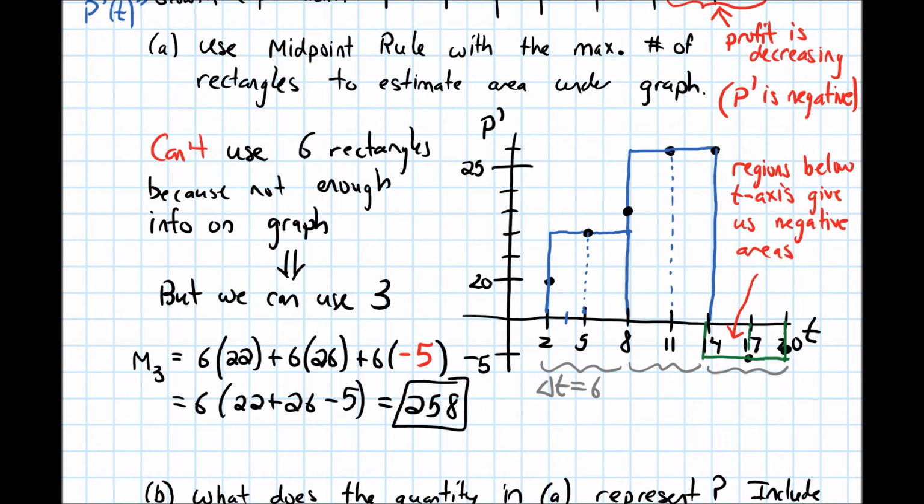They get counted as negative areas. And we'll make this idea more formal later when we define a definite integral. Regions below the x-axis, or in this case the t-axis, will get counted as negative areas, while regions above the t-axis, or the x-axis in general, will get counted as positive areas. Alright, so let's do one more part to this example.